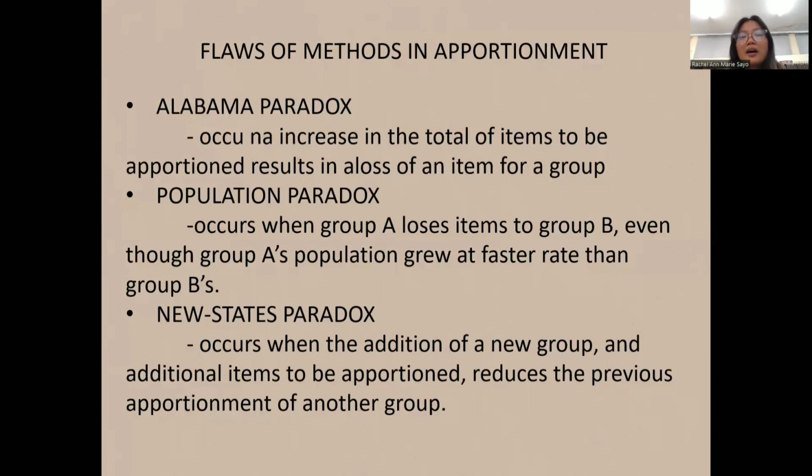Fourth, we have Huntington-Hill, and the last one, but not the least, is the Lowndes method. The importance of this portion in this course is to give insight and also to find ways of apportioning given data or information.